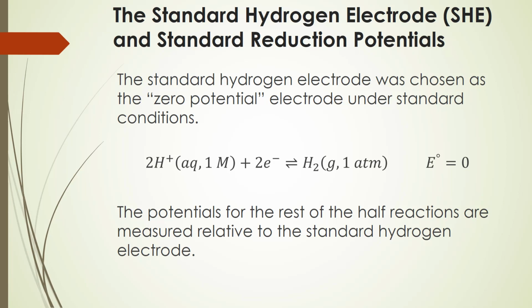Here's another way to write it: 2H plus aqueous, 1 molar, standard conditions. 2 electrons are required to reduce to hydrogen gas at 1 atmosphere. The standard reduction potential for that reaction is 0. The potentials for the rest of the half reactions are measured relative to the standard hydrogen electrode. So that's important to remember.